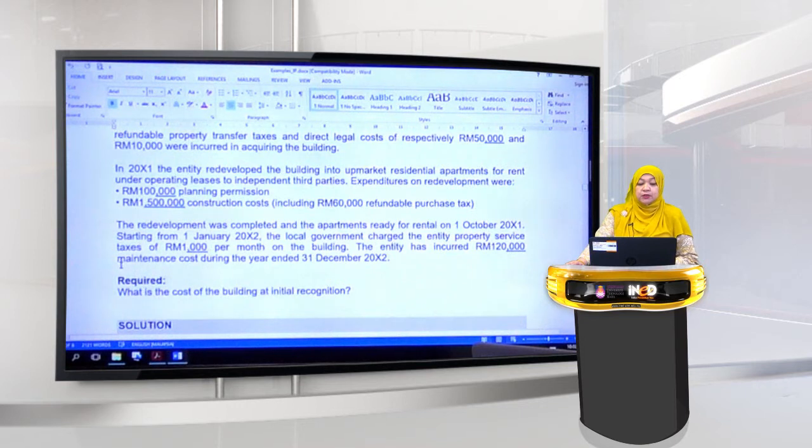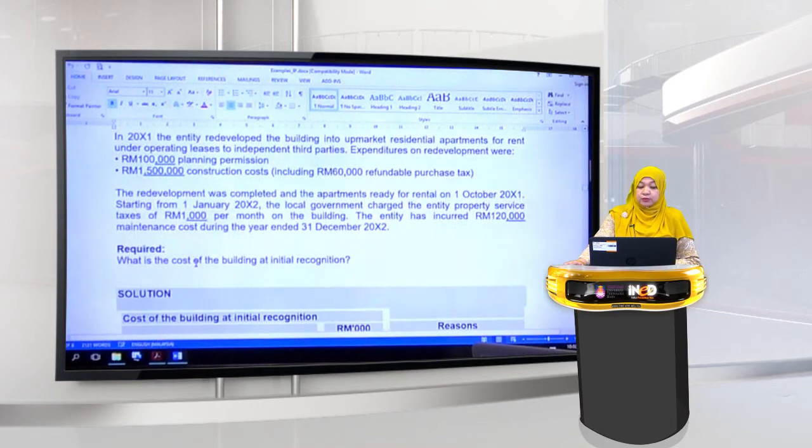The redevelopment was completed and the apartments are ready for rental on 1st October 2000X1. Starting from 1st January 2000X2, the local government charged the entity property service tax of 1,000 per month on the building. The entity has incurred 120,000 maintenance costs during the year ended 2002.